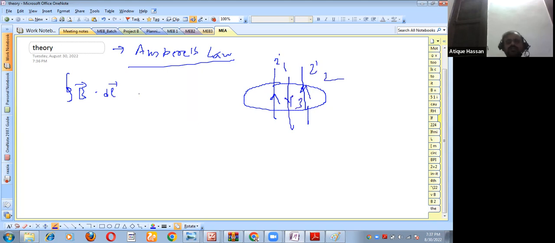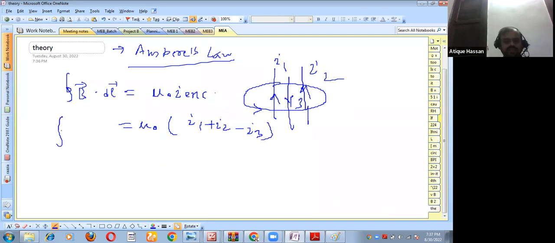So circulation of magnetic field around a loop, we generally assign a direction of the loop, and we take B dot dl is equal to mu naught into net current I enclosed. Outward current will be taken as positive and like this. So this is a circulation of magnetic field, that is Ampere's law.